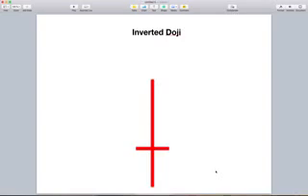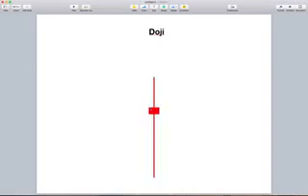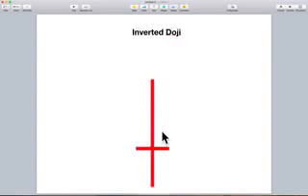For example, if the inverted one closed bullish, it would still tell us there's more selling pressure. If the candle closed a little higher, like it did on the other doji, it's telling us indecision, but with more bullish pressure in that scenario. And usually this doji, I just want to show you guys, is presented at a support. This one is usually presented at a resistance, for example.